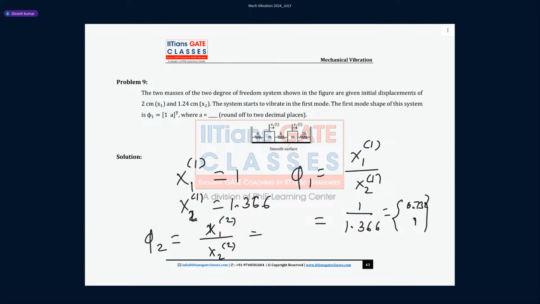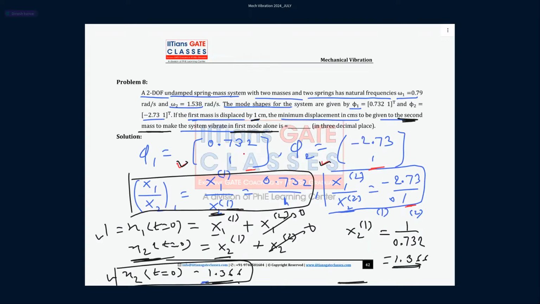The x1 for second mode was 1, and we got minus 0.366. So if you solve, you'll get minus 2.7321, right? And this is what is given.